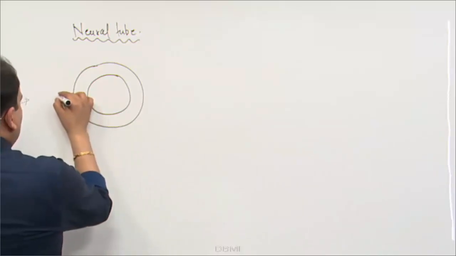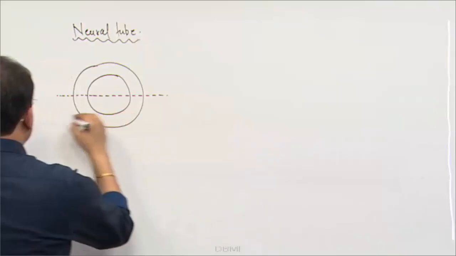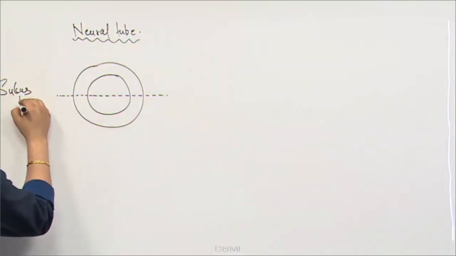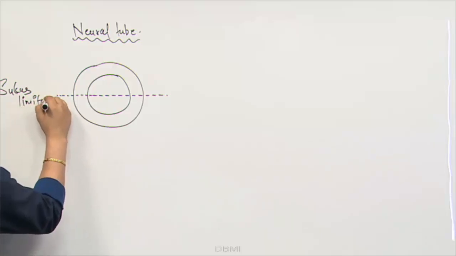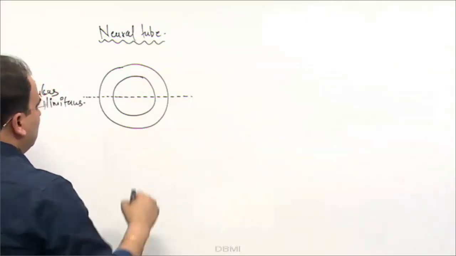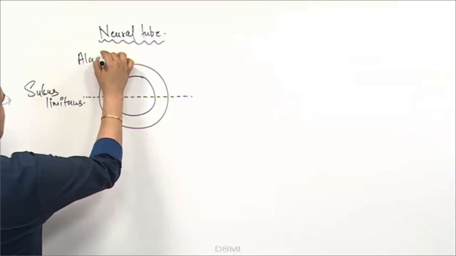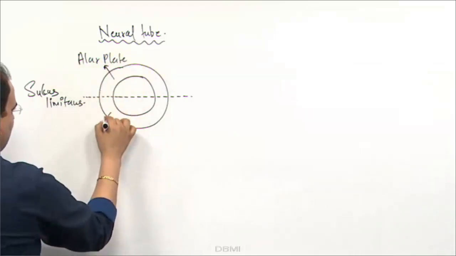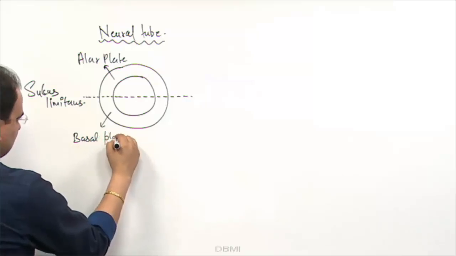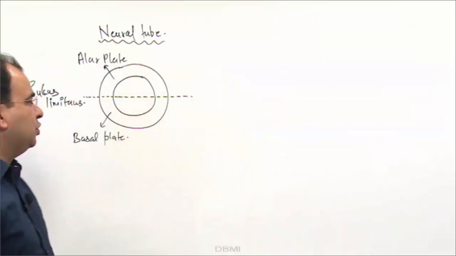The neural tube can be divided into two parts by a sulcus inside, called the sulcus limitans. The dorsal part of the neural tube is called the alar plate, and the ventral part is called the basal plate. Alar plate and basal plate, the two parts of the neural tube.